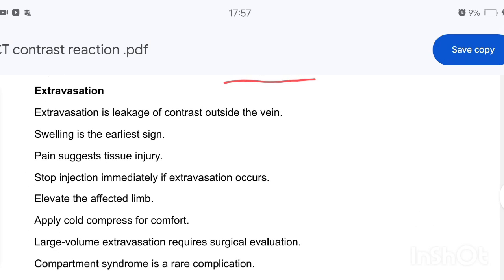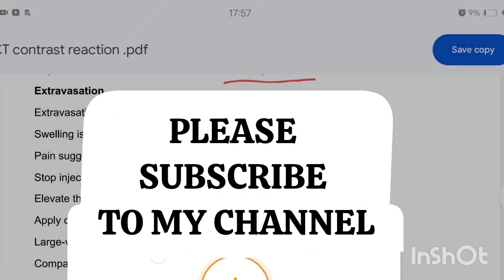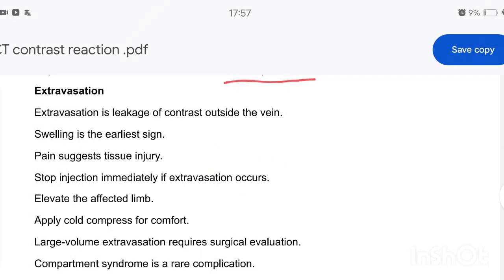Extravasation. This point is very important for CT contrast reactions. Extravasation is a leakage of contrast outside the vein. Swelling is the earliest sign. Pain suggests tissue injury. Stop injection immediately if extravasation occurs.